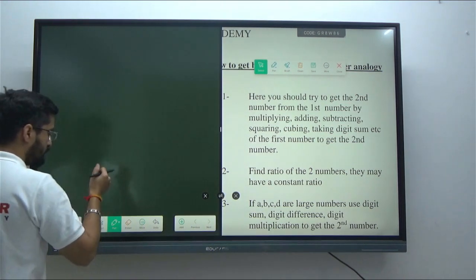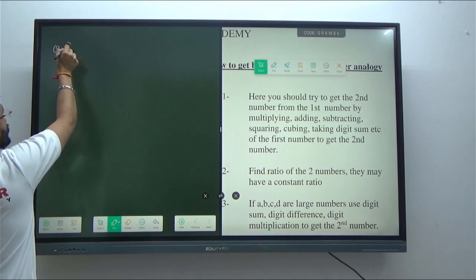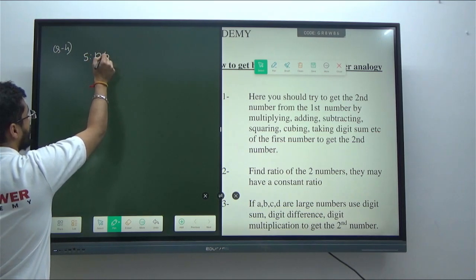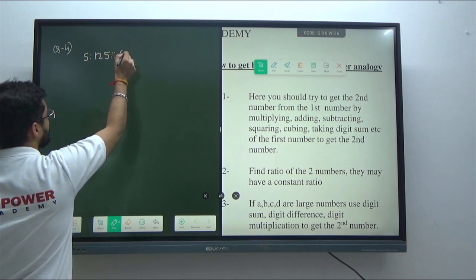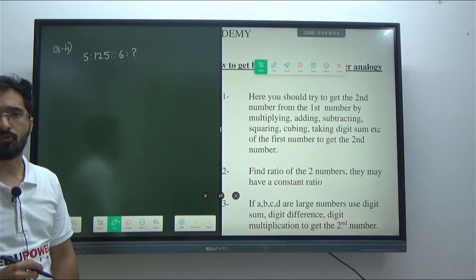For example, question number 4. 5 is to 125, so 6 is to what?